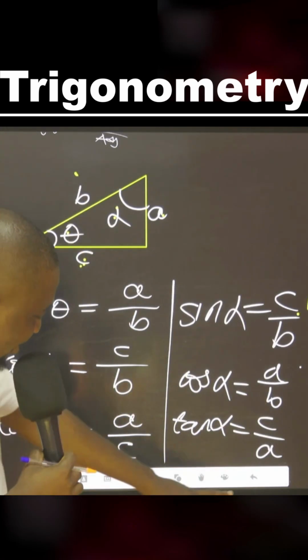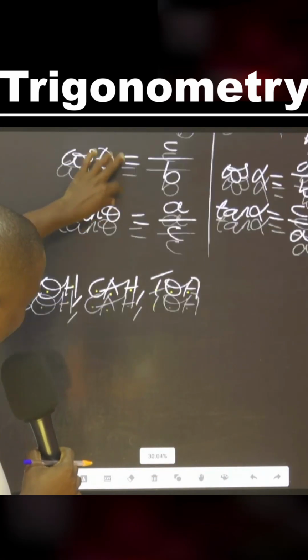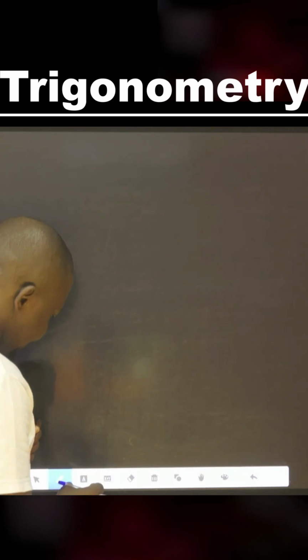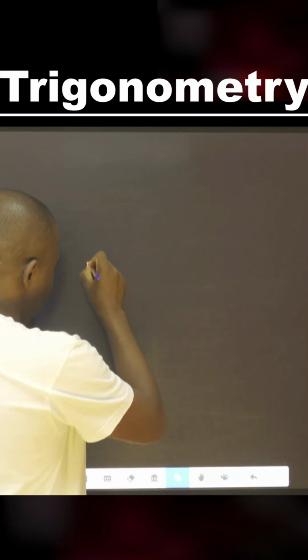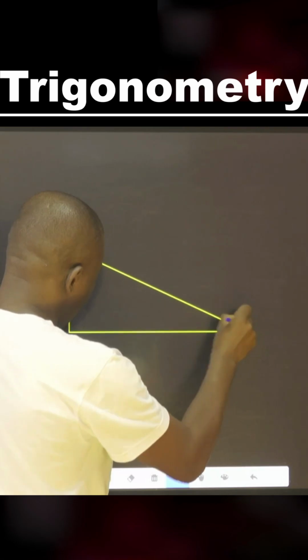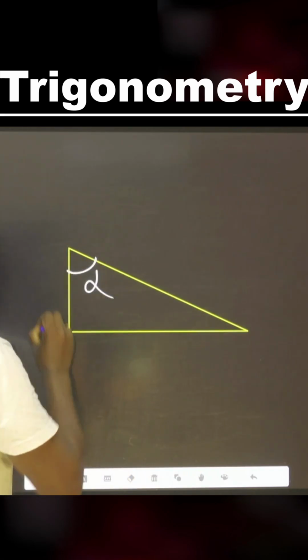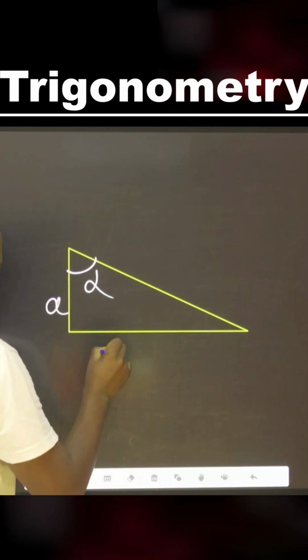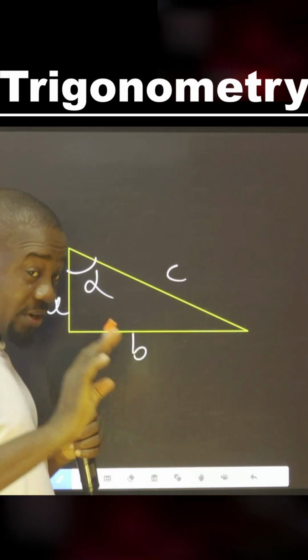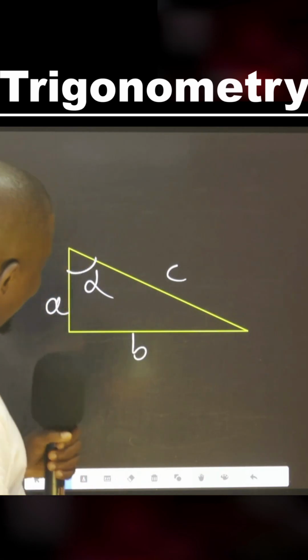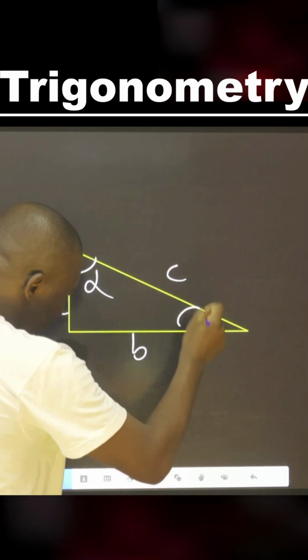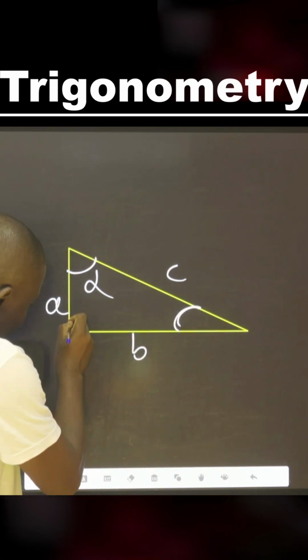Another thing I want to ask you now is this. If I give you something like this, let me see what you are going to do. I say this is alpha. Say this is A, this is B, this is C, for instance. What do you call this? Remember here, it's already 90 degrees.